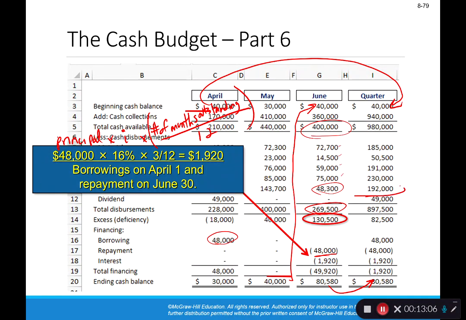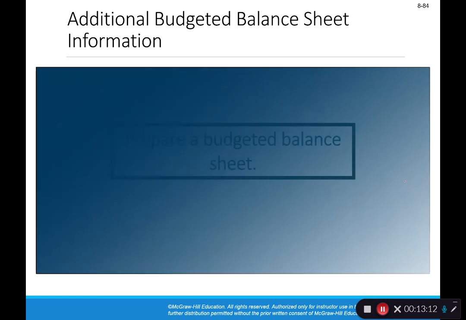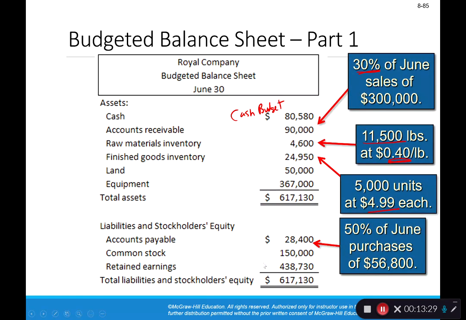But the 192 is the purchases that we made. So we start with the equipment of 175. We add 192 to that. And that gets us 367 for the equipment balance.